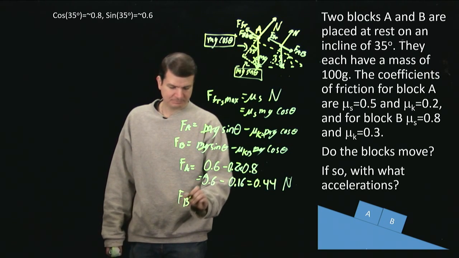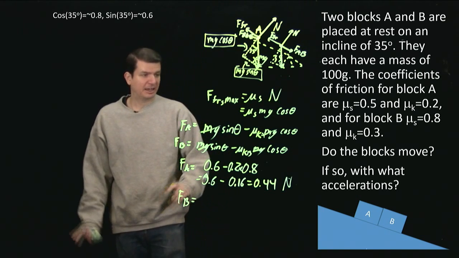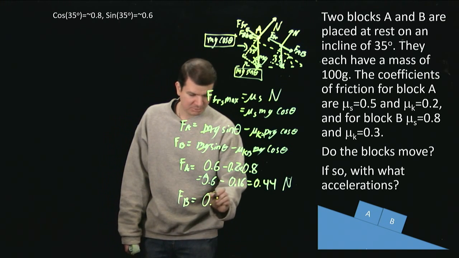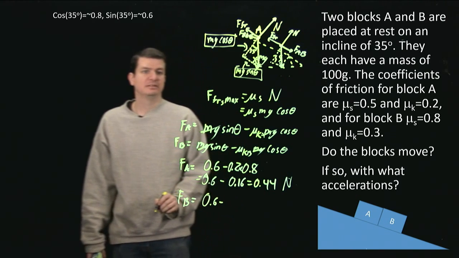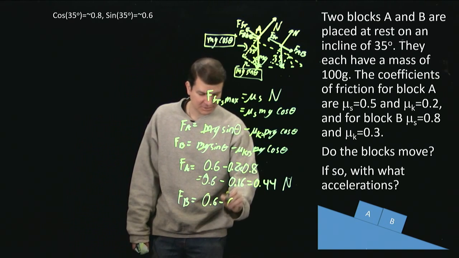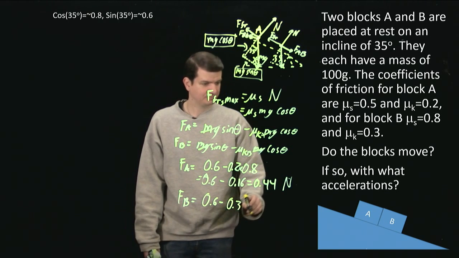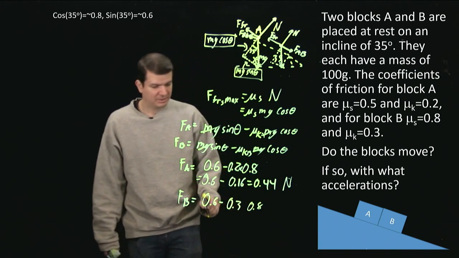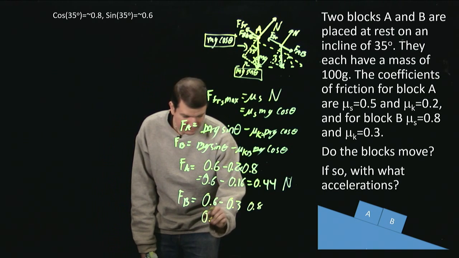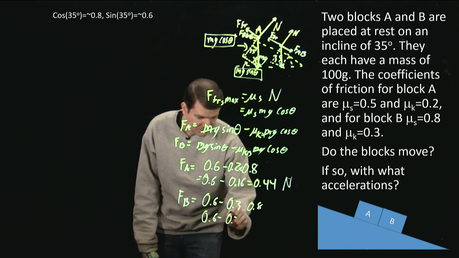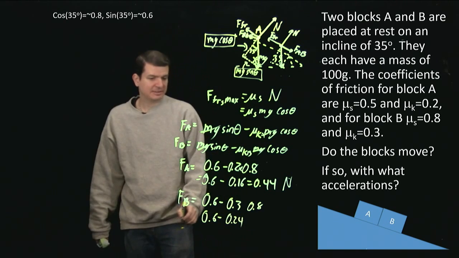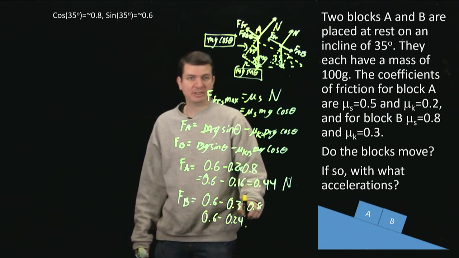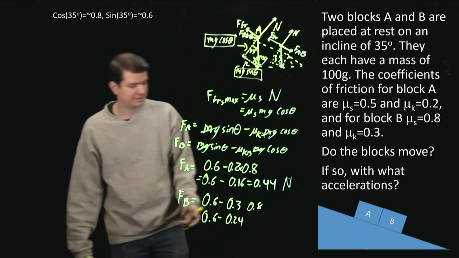F_B, without worrying about block A, is 0.6 minus its kinetic coefficient 0.3 times 0.8. Even without really doing the math, although we can, 0.6 minus 0.24, we realize that the friction force is larger on block B, so block B is going to want to slide slower.